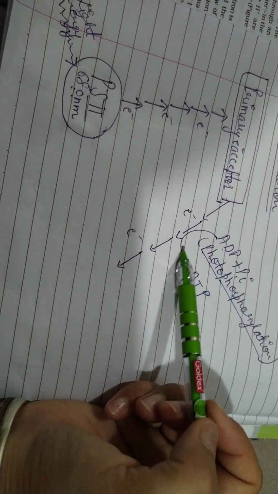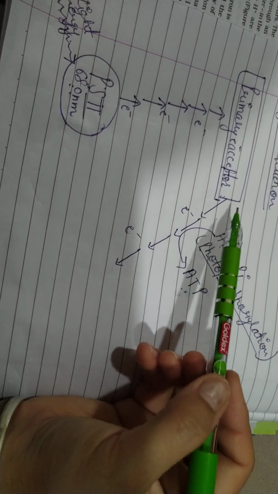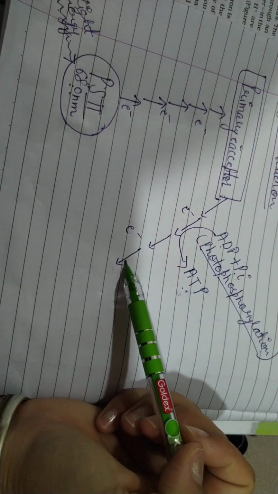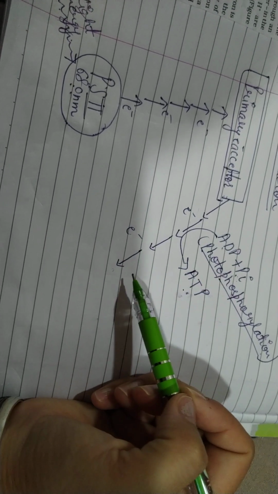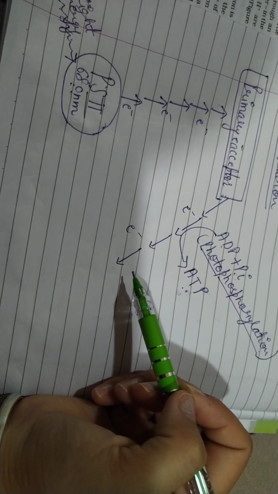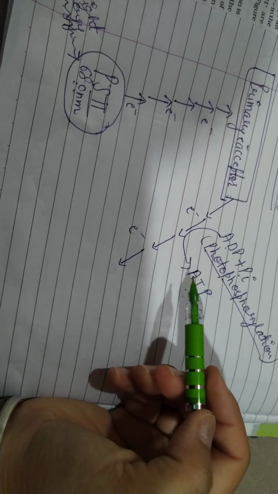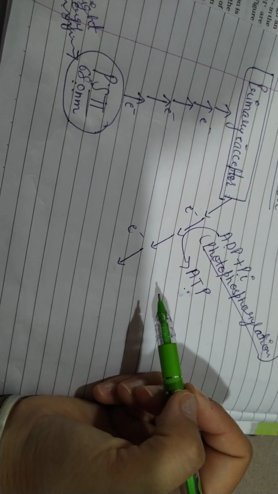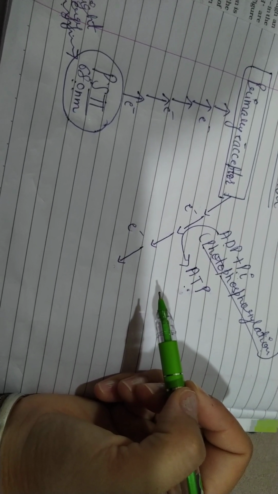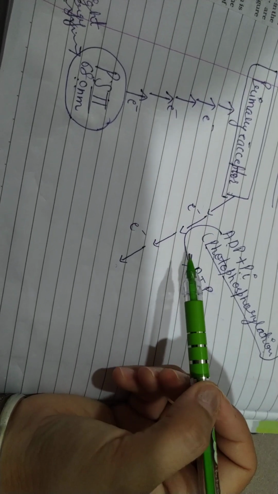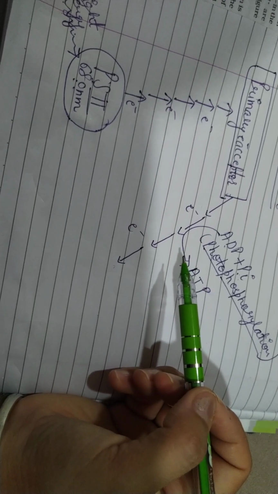Now why is energy released while the electron is coming back from higher to lower energy state? It is very similar to the potential energy of water in dams, where the energy of falling water is used to move turbines.